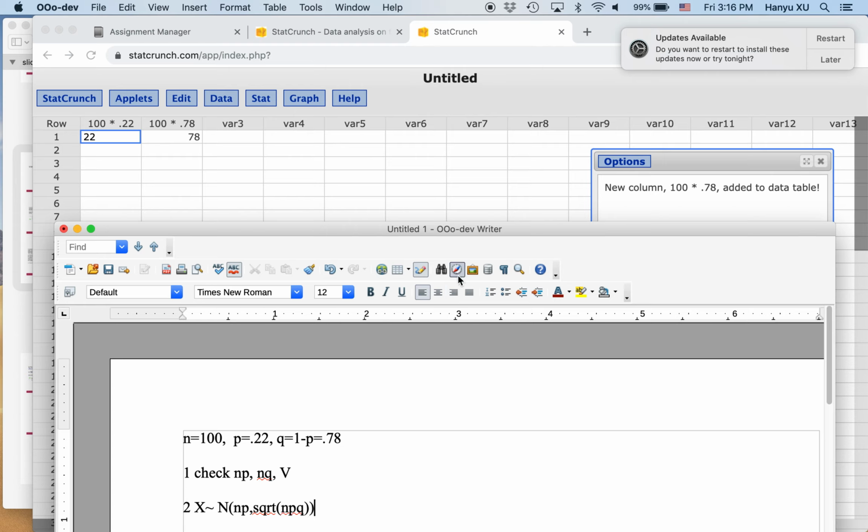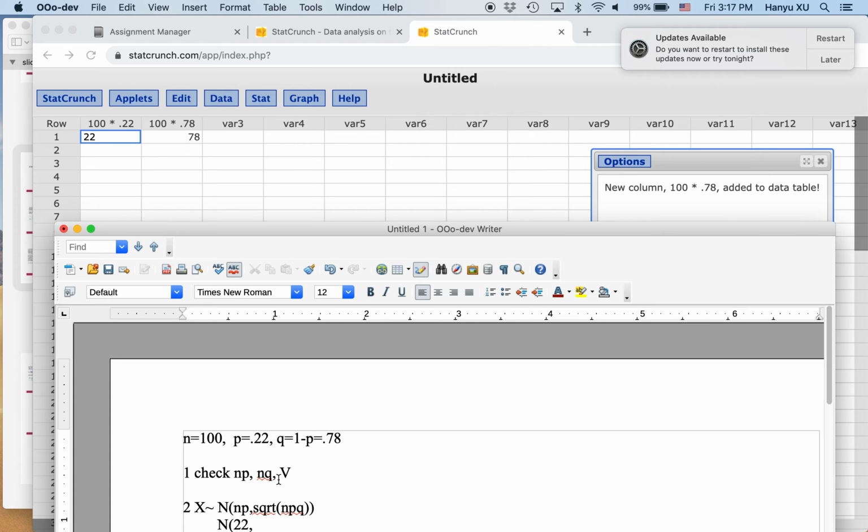And you want both of them. What is n times p and what is the square root of n times p times q? For n times p, you already have it here. It's 100 times 0.22, which is 22.